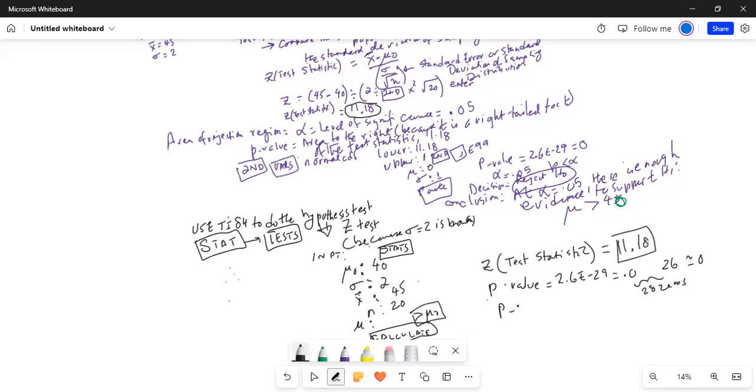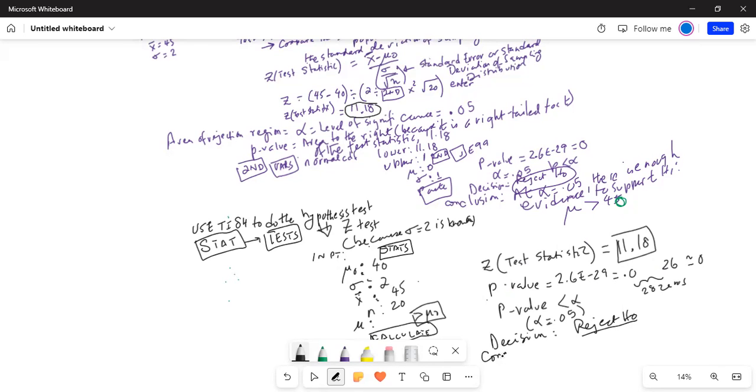So the p-value is less than alpha. Why? Because alpha is 0.05, that's given in the problem. So decision same as before, reject H0.